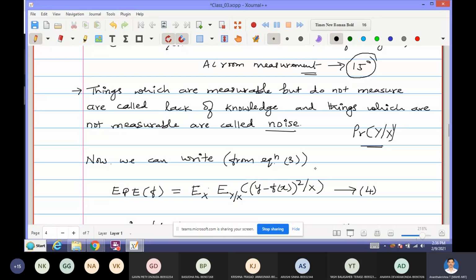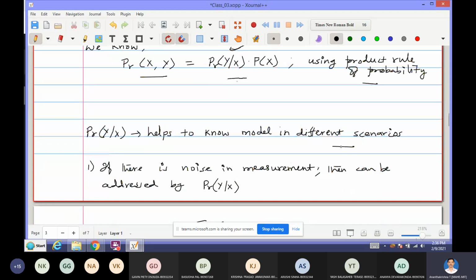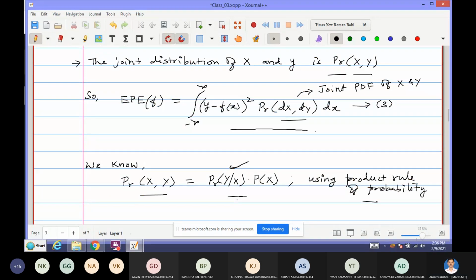Okay, now coming back to equation 3. Look at this equation 3. This has got two things here. When I say joint probability, joint PDF, you can write the joint probability in terms of the conditional into p of x, simple probability of the input space, input data.